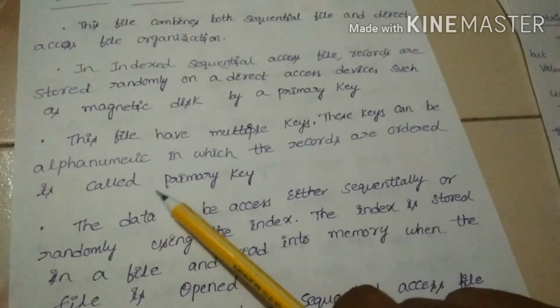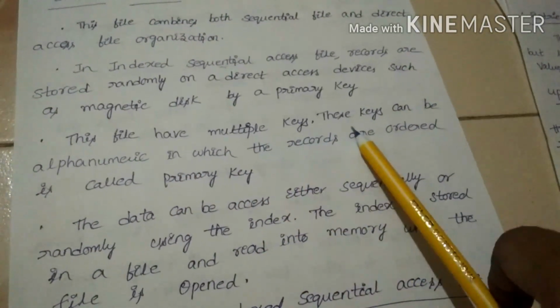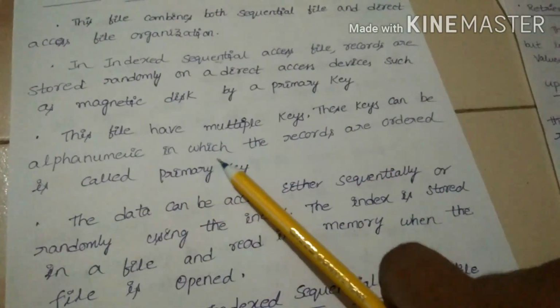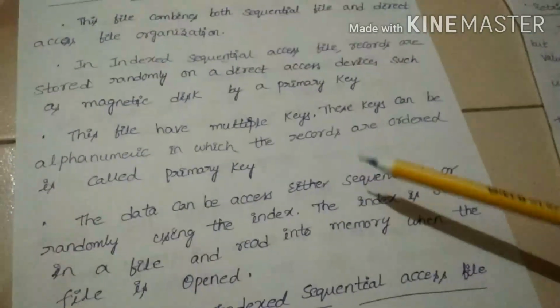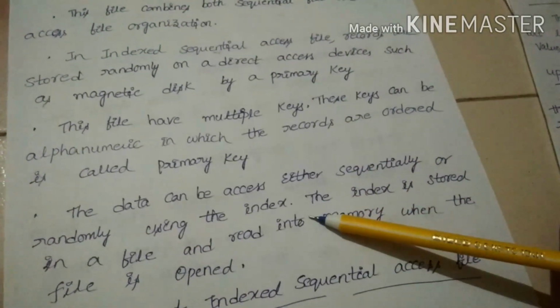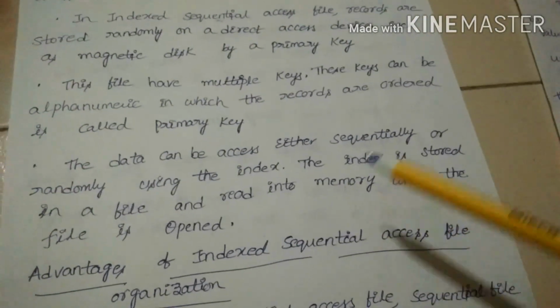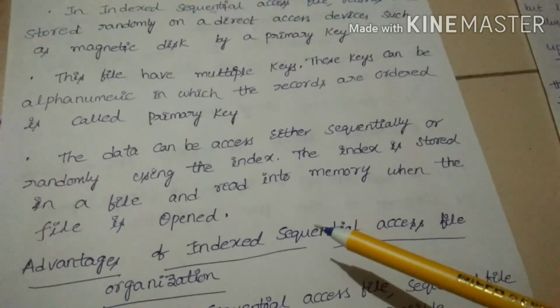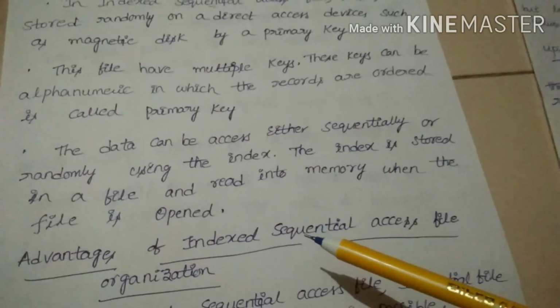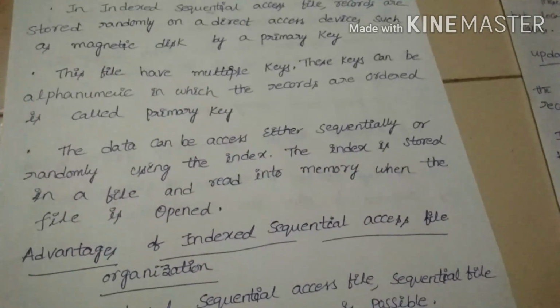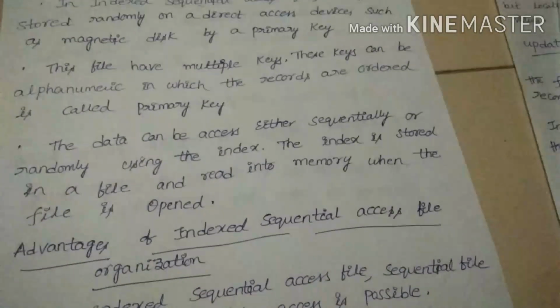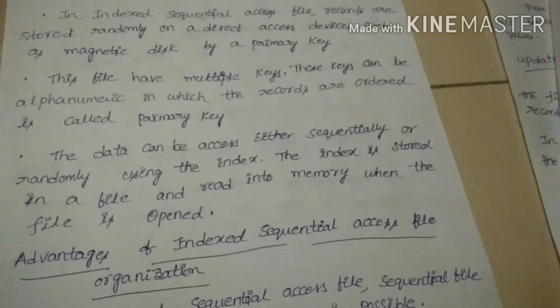Here, this file has multiple keys. These keys can be alphanumeric, in which records are ordered. That is called the primary key here. Next, the data can be accessed either sequentially or randomly using the index. The index is stored in a file and read into memory when the file is opened.